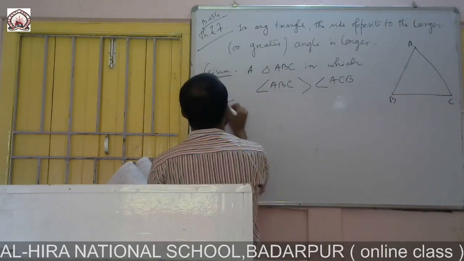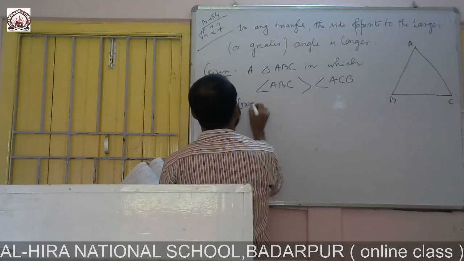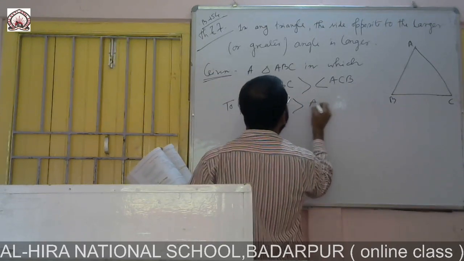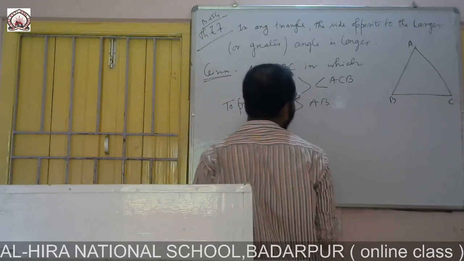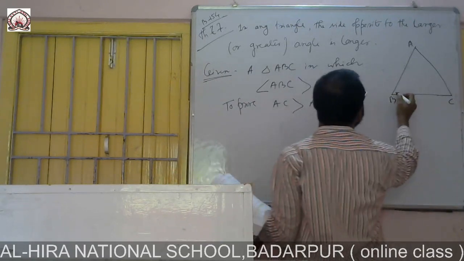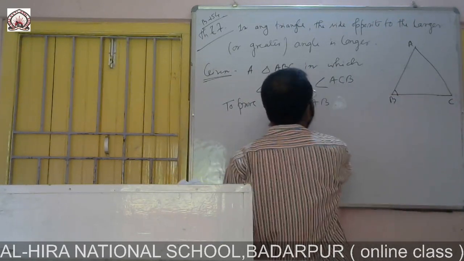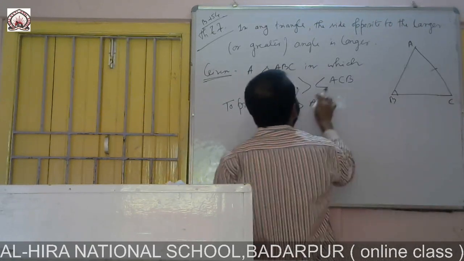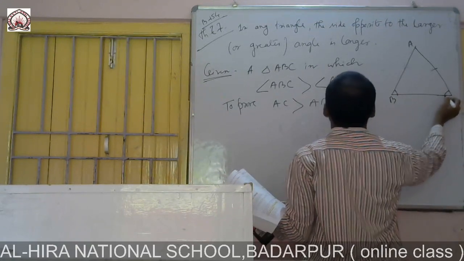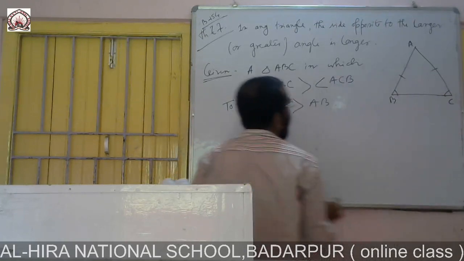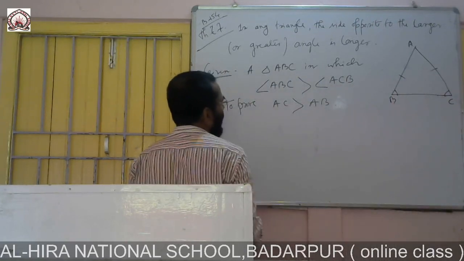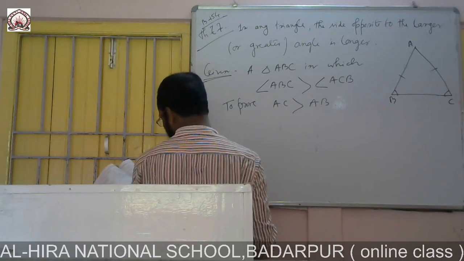To prove AC greater than AB. ABC, this B angle, and AC this side AC, and ACB this angle, and both this angle. So this side is greater than this.